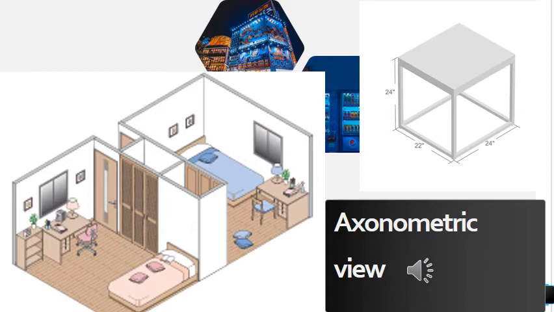If we look at the cube on the right, its size is like 24 inches in height, 22 inches in width, and 24 inches in depth. It is quite big on the sheet. It means the scale is half, or 1 foot equals 1 inch, so we can create that object at a bigger scale.